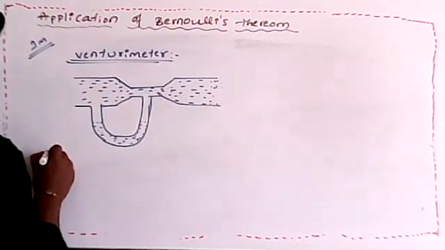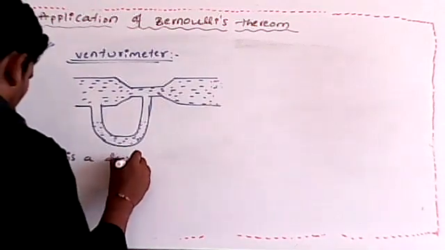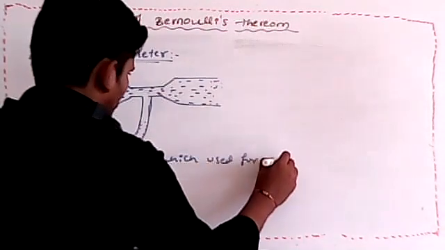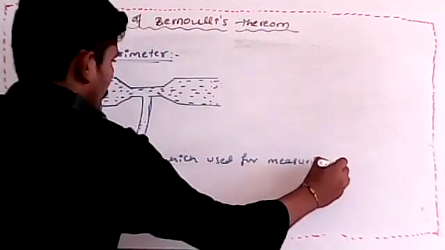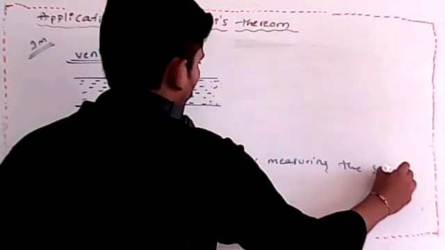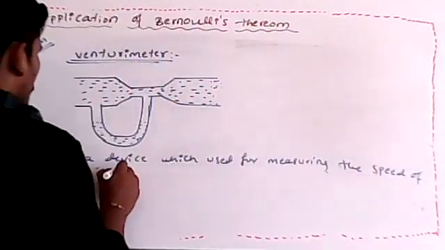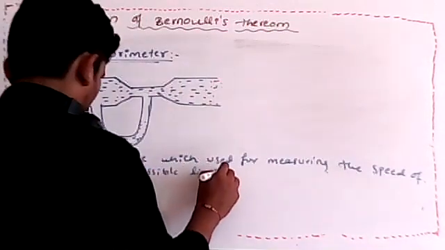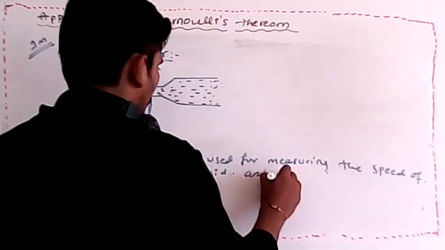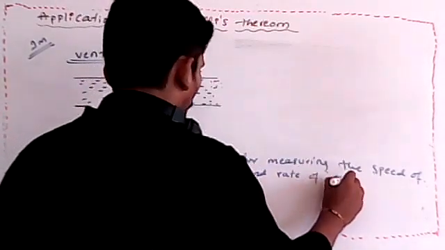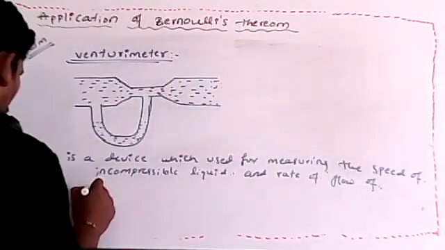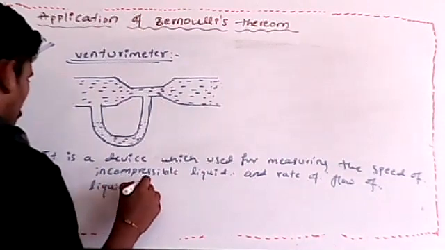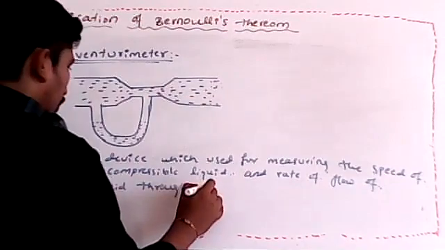What I told, it is a device which is used for measuring the speed of incompressible liquid and the rate of flow of liquid through pipes.